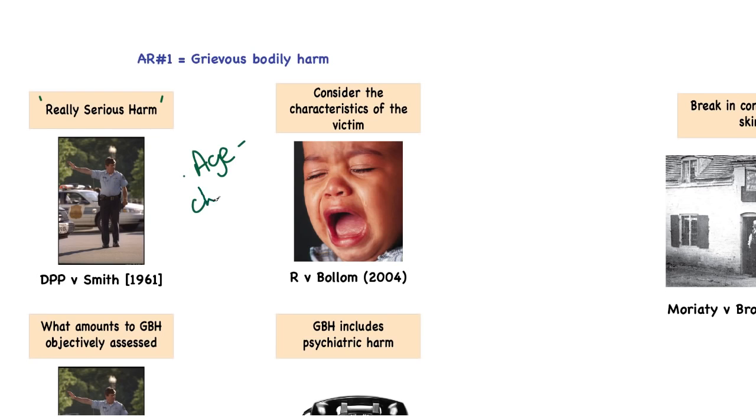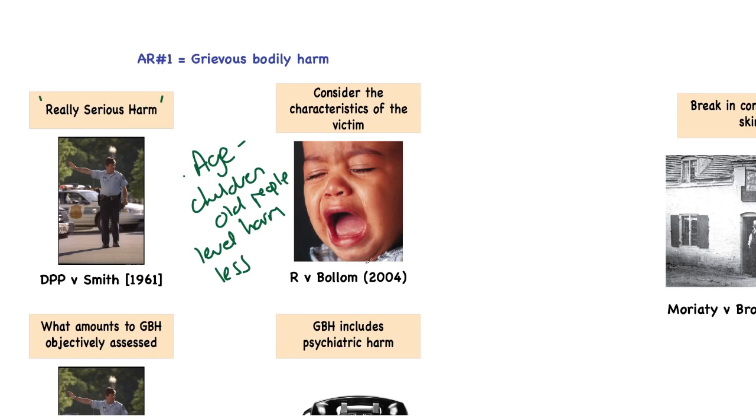If you think of children or old people, the level of harm is normally going to be less. So, a broken fibula or tibia in a baby is far more serious than a broken fibula or tibia in a 25-year-old man. A broken tib or fib in an old person is much more serious than a broken tib or fib in a 25-year-old man.